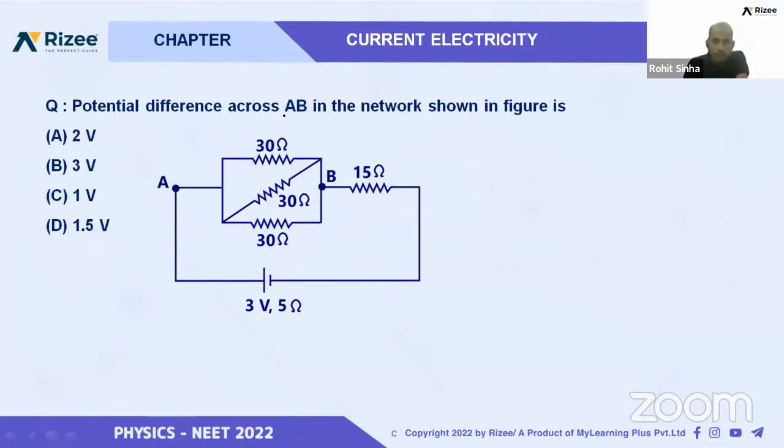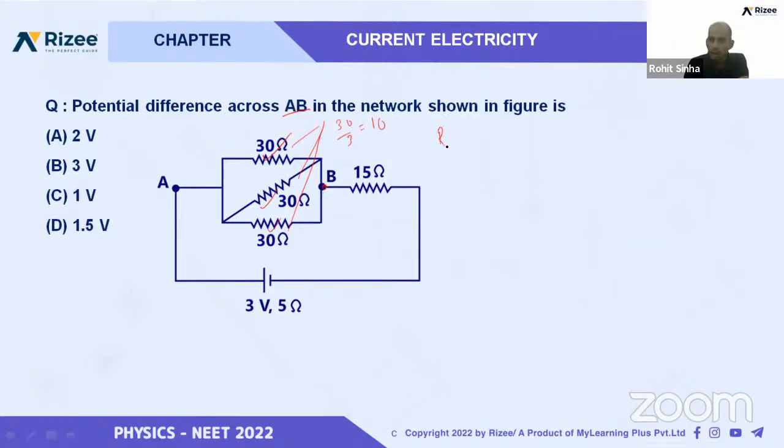Suppose we have to find the potential difference across A and B, here and here. Let us see if there is any symmetry. You see here, these three are all in parallel and they are the same, and their equivalent will be 30 by 3. We can say 10 and 10 and 15 are in series.